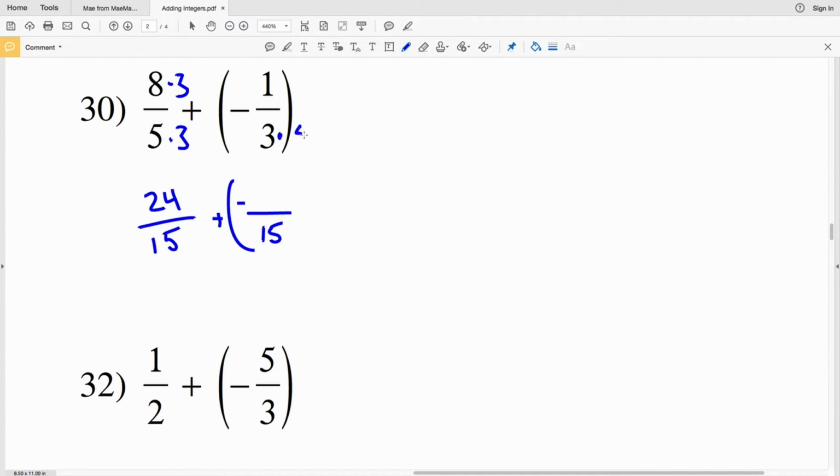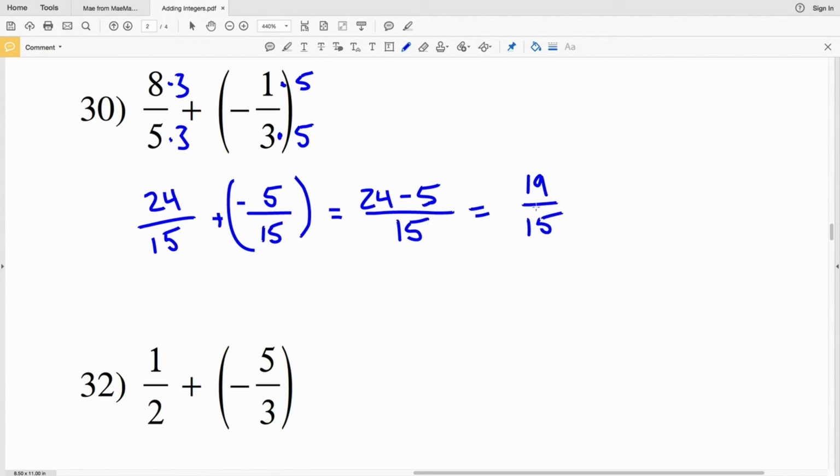So 3 times 5 gets you to 15, so 1 times 5 is 5. So this is 24 minus 5, combining the numerators, all over 15. 24 minus 5 is 19. So this is going to be 19 over 15.